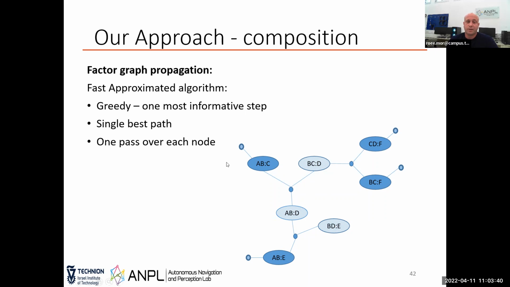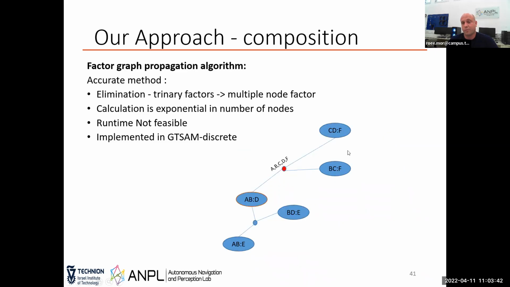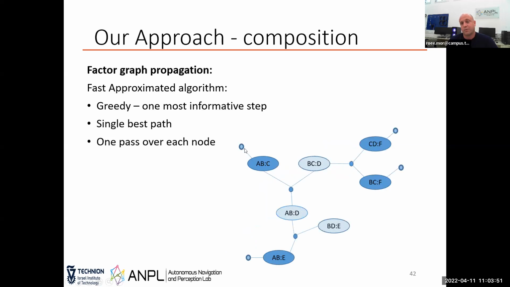Message passing is a way to propagate the data to all the nodes in the graph, but it works well when the graph is not loopy, when it doesn't have any loops. When the graph does have loops, we don't know how good this algorithm is.